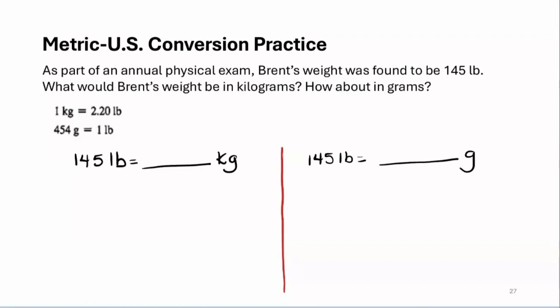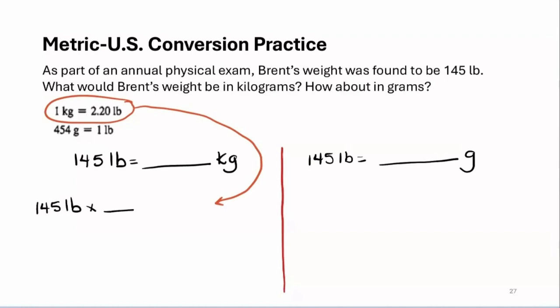To do the first problem, we have a specific conversion factor that gives us the relationship between pounds and kilograms. We can see it right here. So using dimensional analysis, as we learned in the previous video, we're going to write the amount given, which is 145 pounds. And then we're going to turn that equality into a fraction in which the side of the equality that matches the unit given is written in the bottom of the fraction.